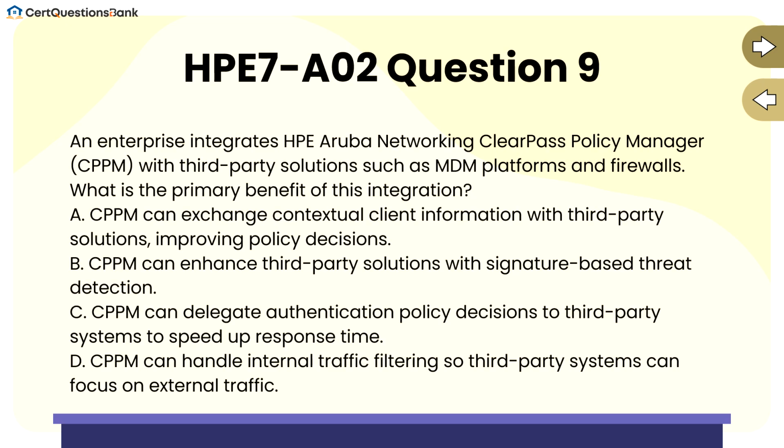B. CPPM can enhance third-party solutions with signature-based threat detection. C. CPPM can delegate authentication policy decisions to third-party systems to speed up response time. D. CPPM can handle internal traffic filtering so third-party systems can focus on external traffic.